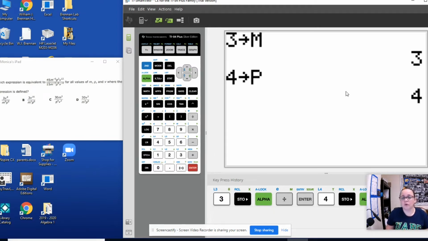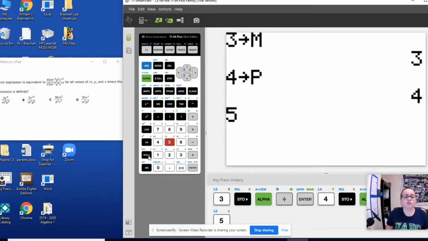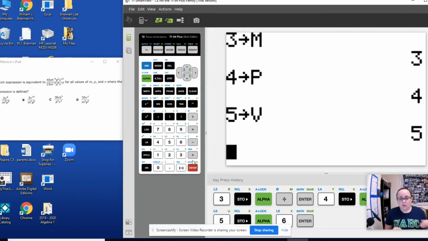So I stored a 4 in the letter P. And the last number is going to be 5. We're going to store it in the letter V, which happens to be above the 6. V, enter.